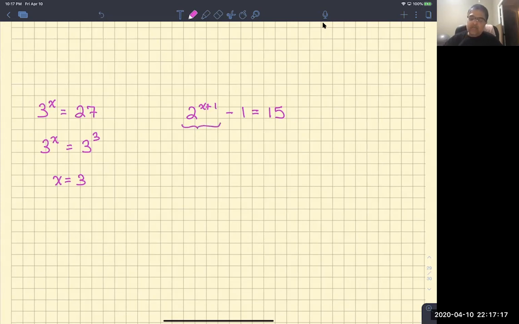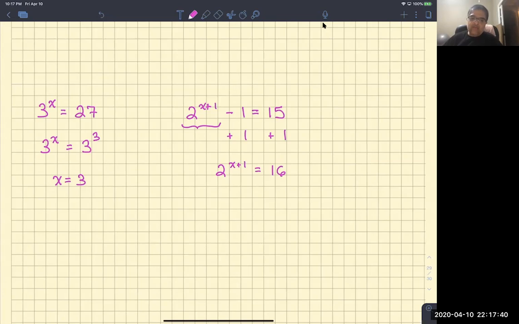That's going to be the key going forward for all of my exponential or logarithmic functions. Before I can do anything with the exponent or logarithm, I've got to get it by itself. So the first thing I'll do is add 1 to both sides. And that'll give me 2 to the x plus 1 equals 16.